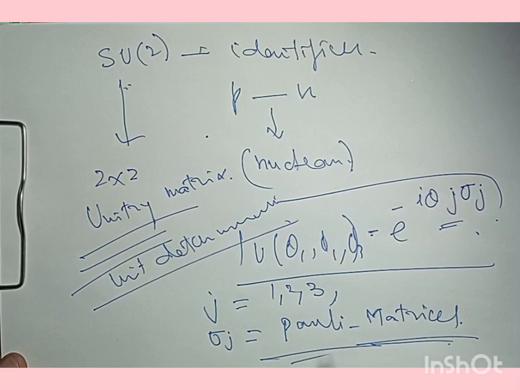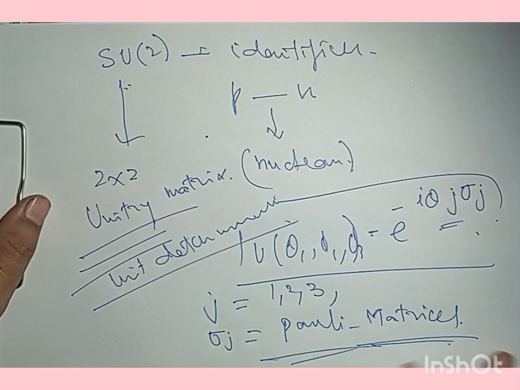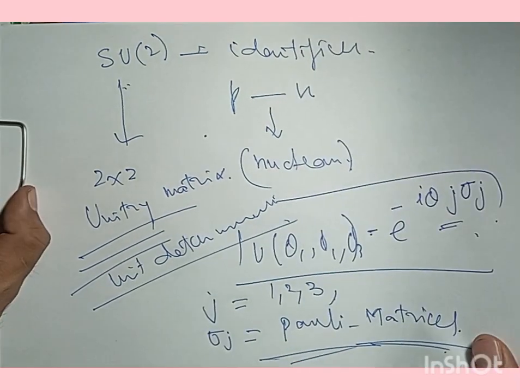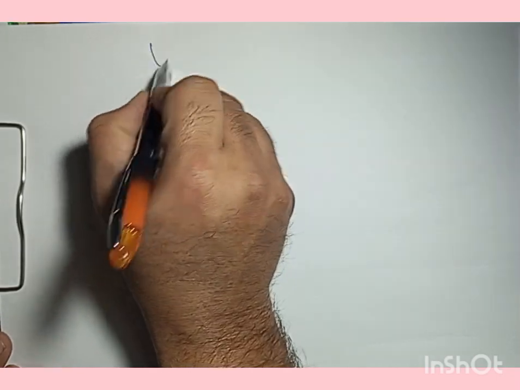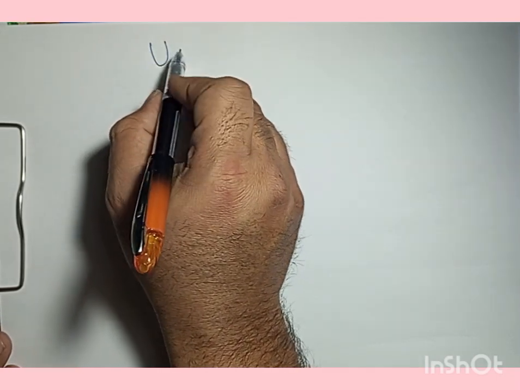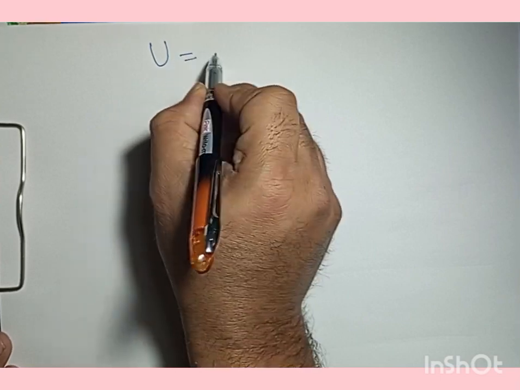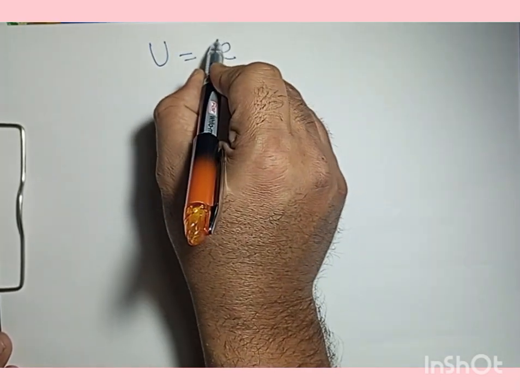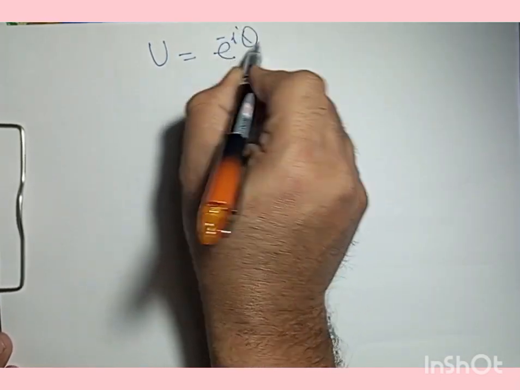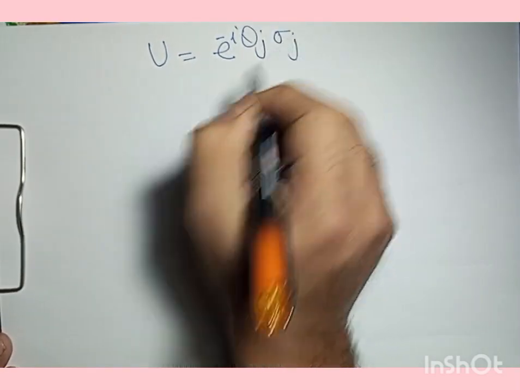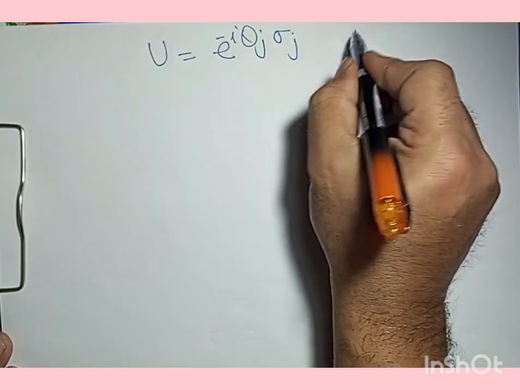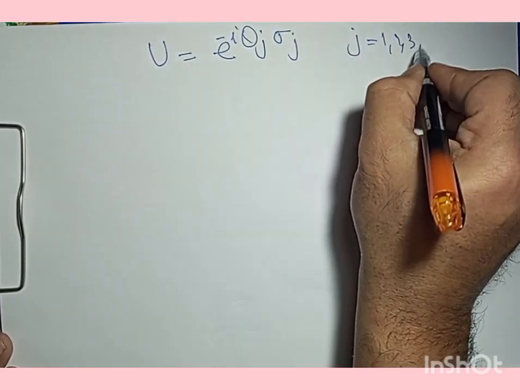And these Pauli matrices, as we know from the foundation of quantum mechanics, the better thing is to write down this equation. We have a unitary matrix given by e to the power of minus i theta_j sigma_j, and this j is 1, 2, and 3.